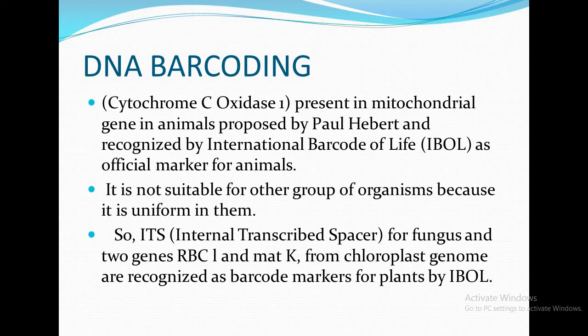It is suitable for this group of organisms because it is uniform in them, and it is not suitable for other groups of organisms. So, Internal Transcribed Spacer for fungus and 2 genes like RBCL and MATK from the chloroplast genome are recognized as barcode markers by iBOL for plants.